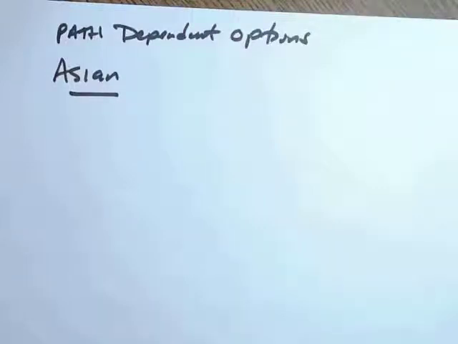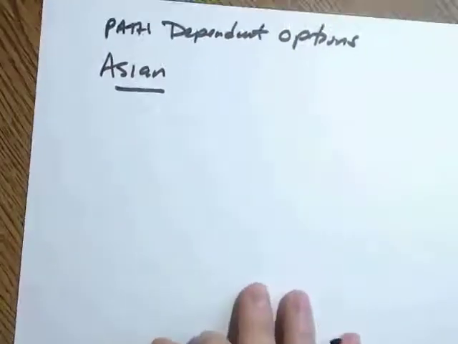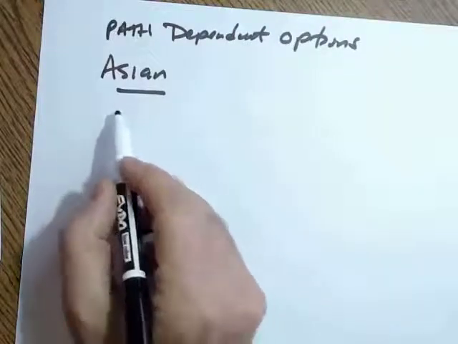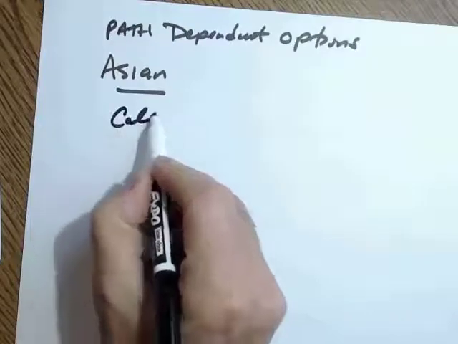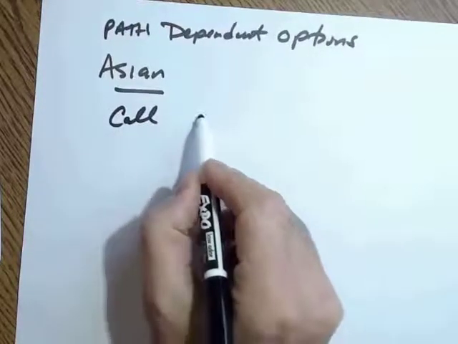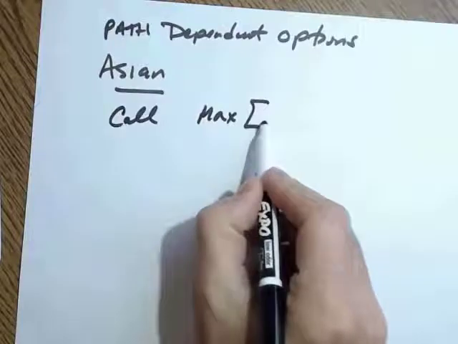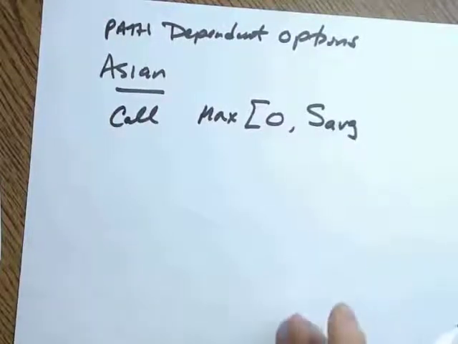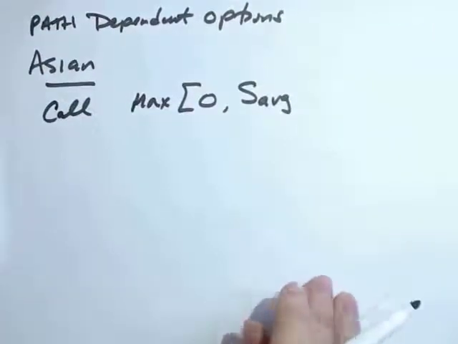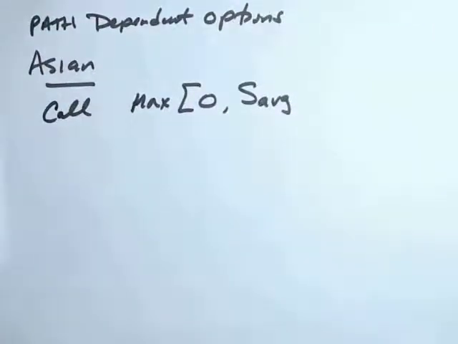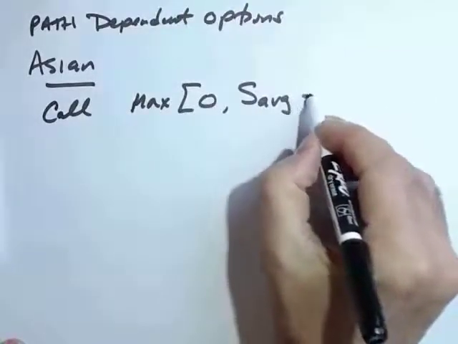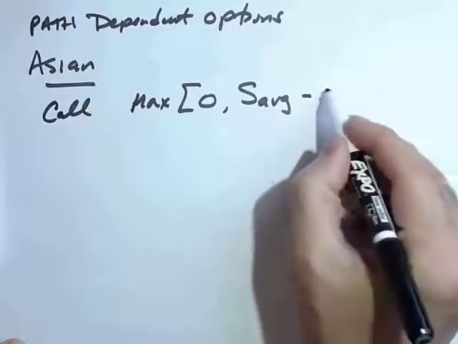And that's exactly what we'll do in a second, but let me talk a little bit about the various types of Asian options that exist. We could have, for example, call options, where the payoff is the maximum of 0 or the stock price average, the average price from the time the option is created to maturity, minus a strike.